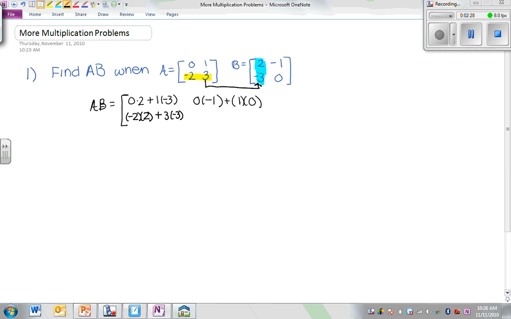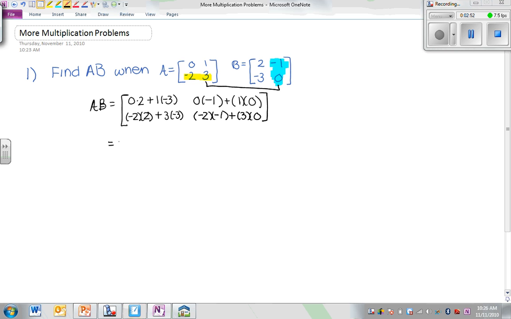The next entry will now take the next column. So it's going to be negative 2 times negative 1 plus 3 times 0. That's the hard part, kind of. Everything else is pretty simple. You just go through and you simplify.